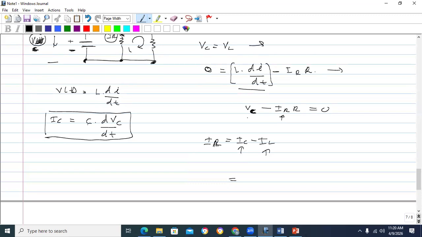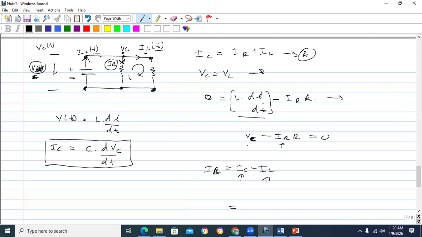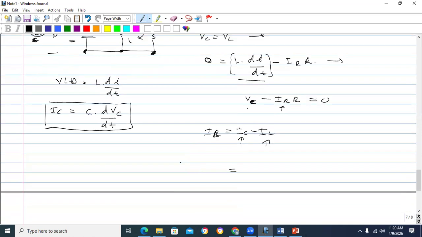But you know that this is for charging the capacitor, but here it is discharging. The current is flowing in this way. So this will be a minus value. So here, instead of IC, you can write it as minus C dVc/dt. Now, write the equation for IL.